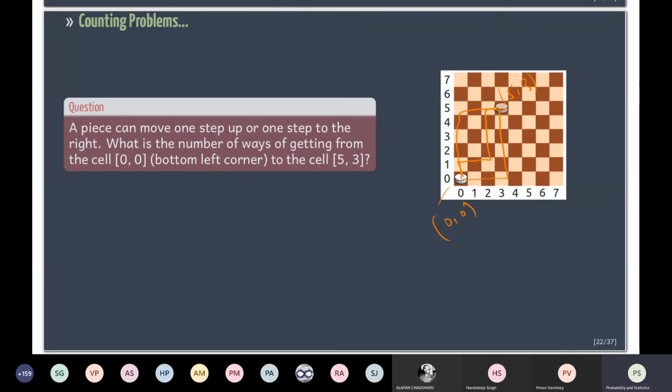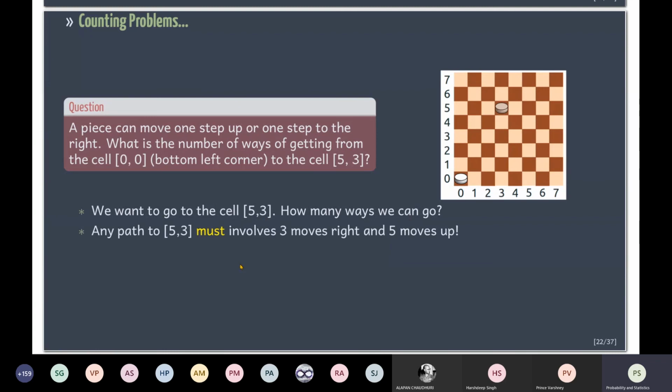So how do you solve this problem? The question you should ask is what is n and what is k? It's a combination problem, but what choose what? This is something we have to figure out. We want to go to the cell 5,3, and the question is how many ways we can go. To go to cell 5,3, it involves 3 moves to the right and 5 moves up.